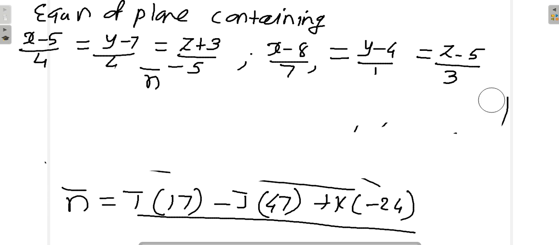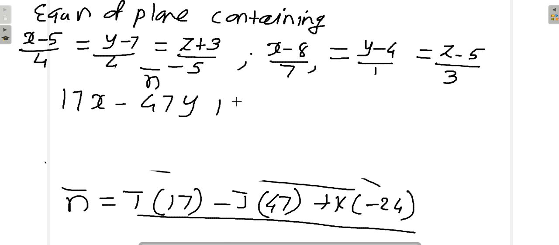So the equation of plane will be now of the form 17x minus 47y minus 24z is equal to d.